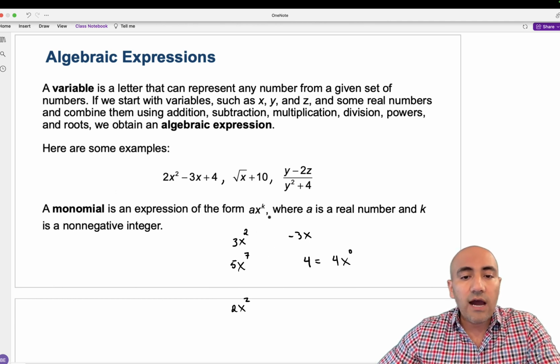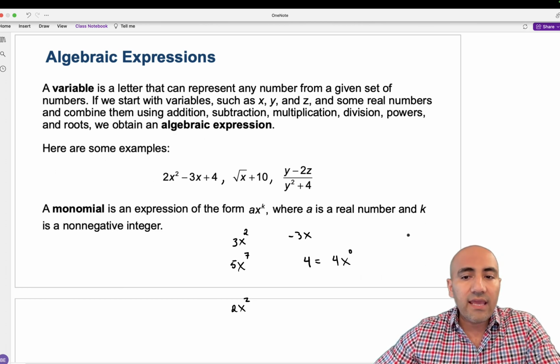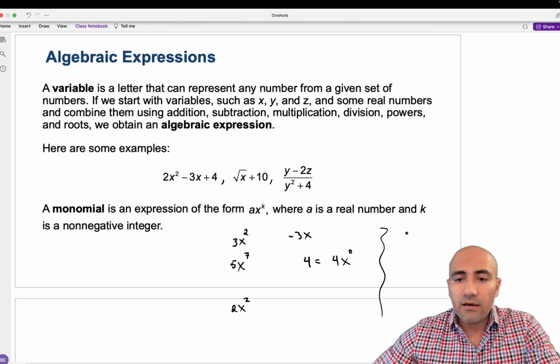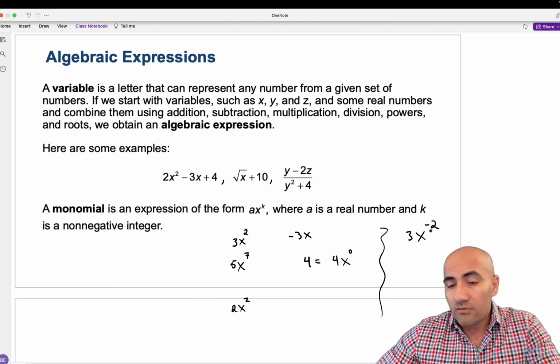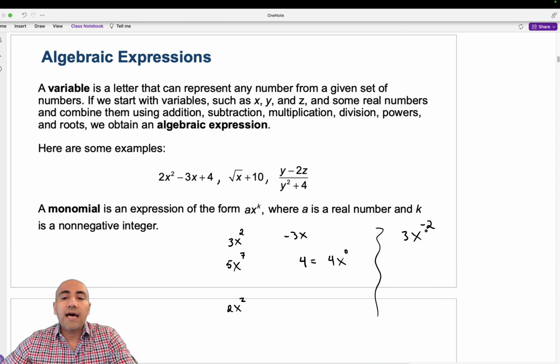The things that do not fit this form are cases where the k is a negative. So for example, if we had 3x to the negative 2 power, now it is no longer a monomial, right? It's still an algebraic expression, so we can still say it's an expression. It's just not a monomial. A monomial is a special kind of algebraic expression. So no negatives, no decimals.